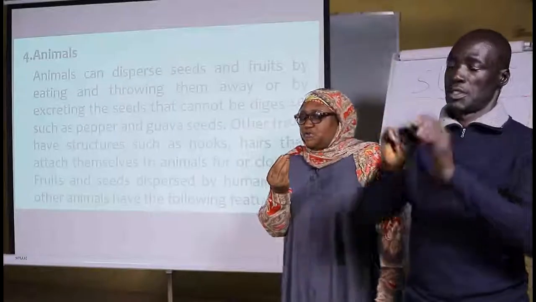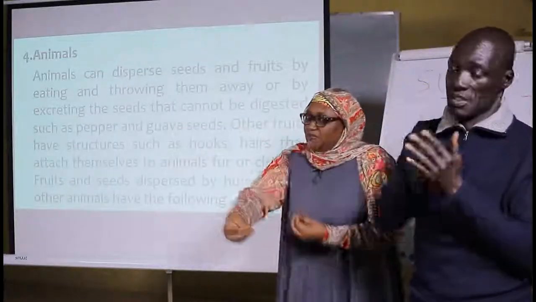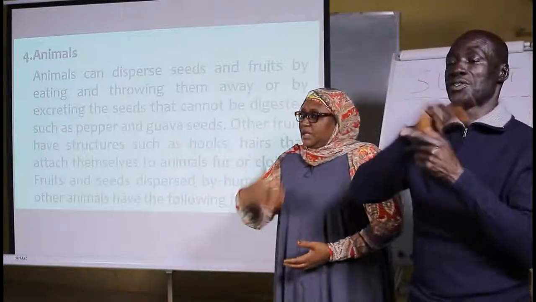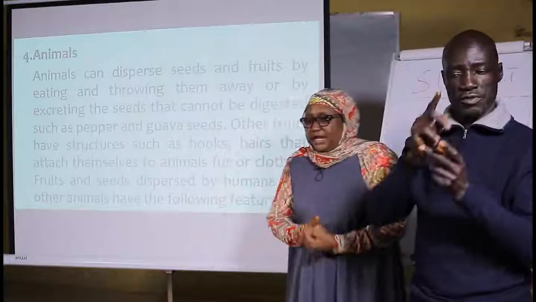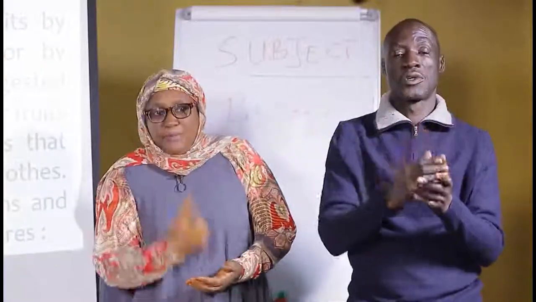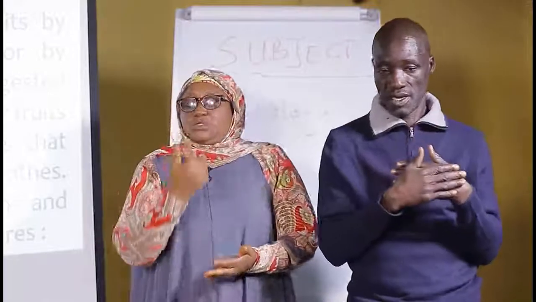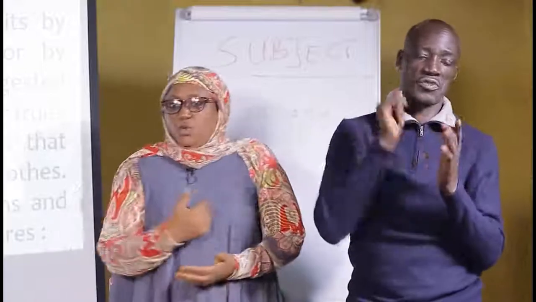That the fruits and the seed are edible. When they eat it, during the time of eating, that is when they disperse. Let me give you an example. If maybe you decide to visit your parents in the village, when you are coming back, maybe you happen to carry some mango fruits, or maybe fruits that are not even where you are living.